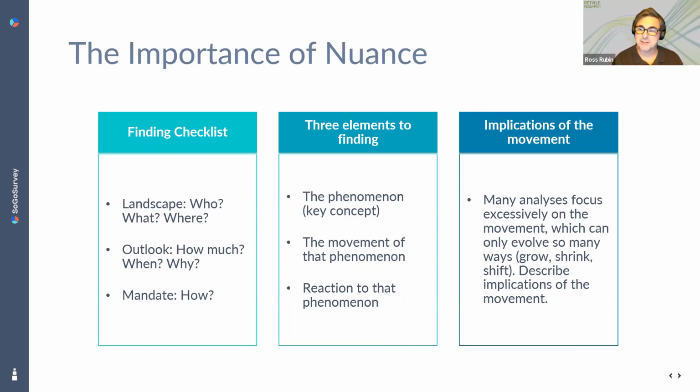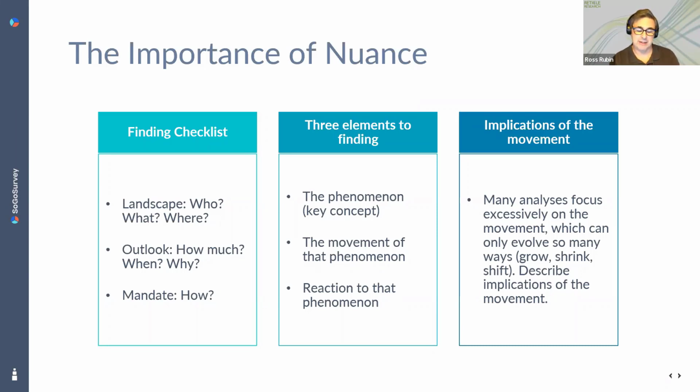When you're talking about landscape type findings, they'll typically address questions like, who or what's happening, or where are we seeing this? The Outlook section will typically address questions such as, when can we expect something to happen? Or why is it happening? Or how much by a certain time? And then the mandate is usually, of course, about how. How do we deal with whatever we're seeing in the marketplace?